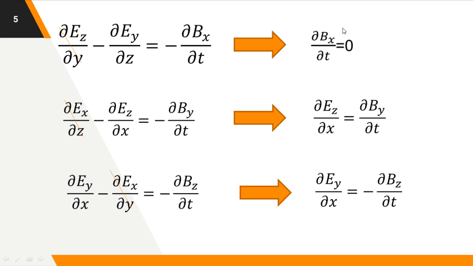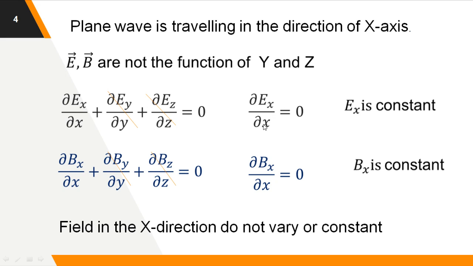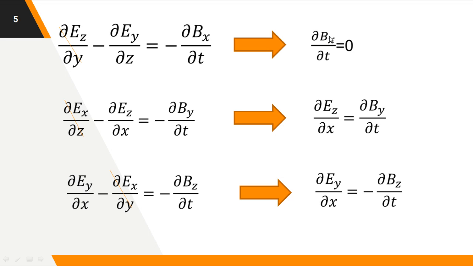Now carefully observe this. Here, the magnetic field strength ∂Bx/∂t equals 0. Okay, so this is the variation of the field with respect to time. In the previous one, it is a variation of the field with respect to space. So both say that the x component of the electric field and the magnetic field, whether with respect to space variation or with respect to time variation, is not changing.